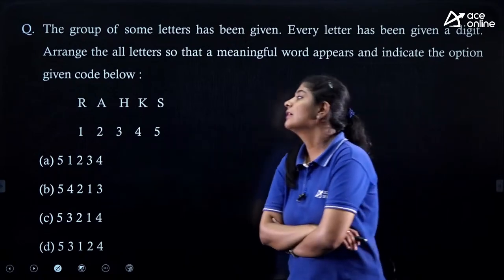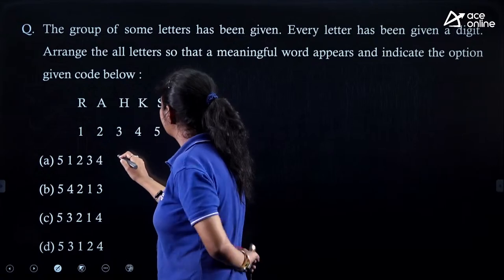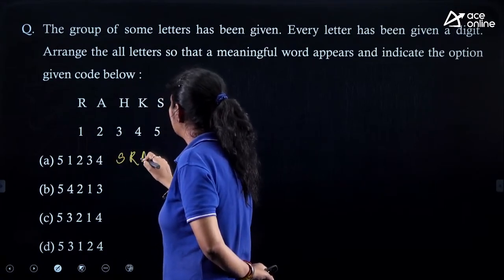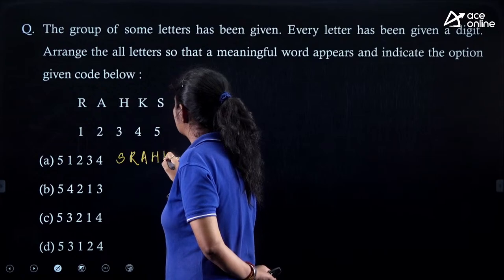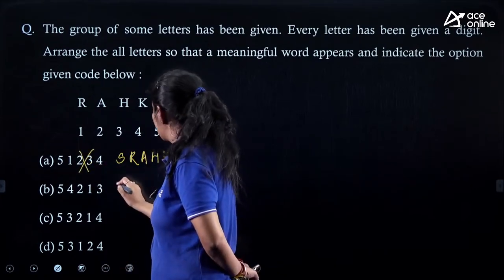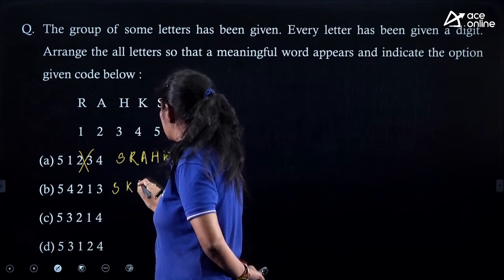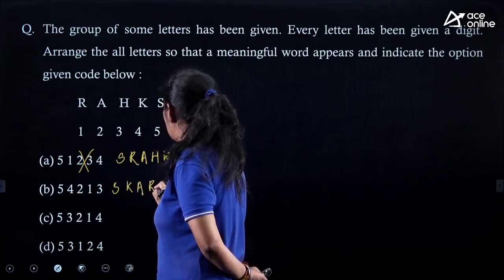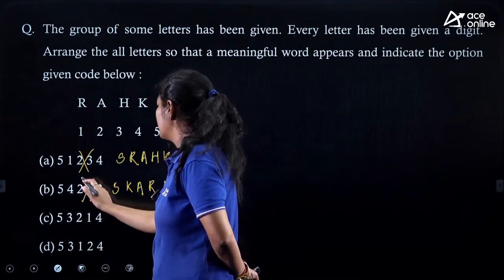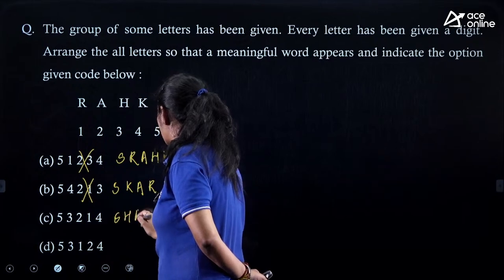Very good, Mark. The answer is shark. So here we are having S R A H K. It's not a meaningful word. Option is eliminated. The next one is S K A R N H. Again, no. This one is shark.